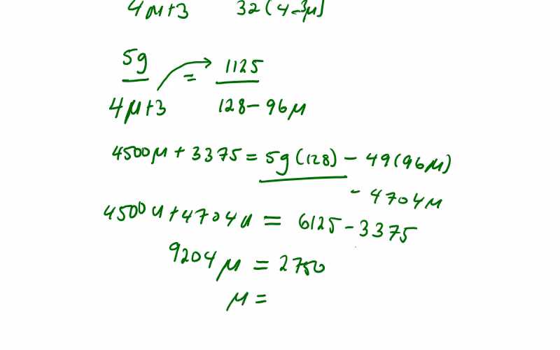Mu is equal to 2750 divided by 9204, somewhere in the region of 0.298 is what I'm getting for mu. So 0.298. I'm just seeing a mistake. I'm checking my answer. This is actually 6272, making this one 2897.